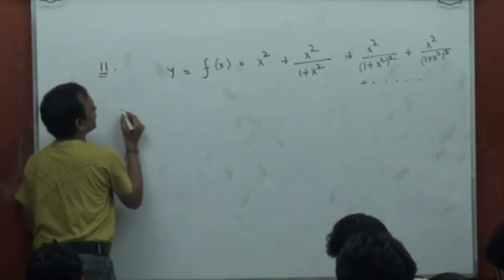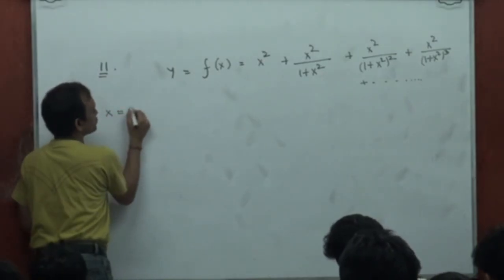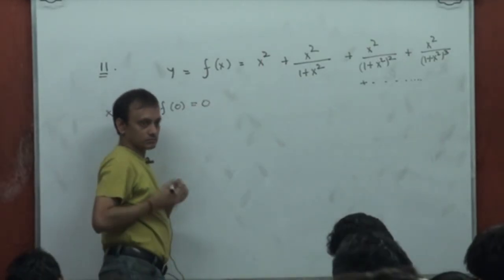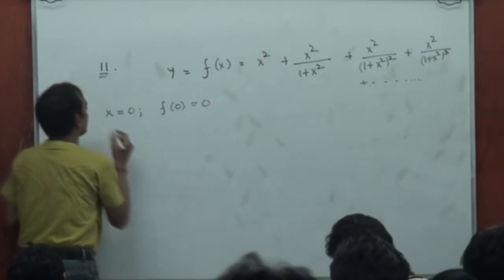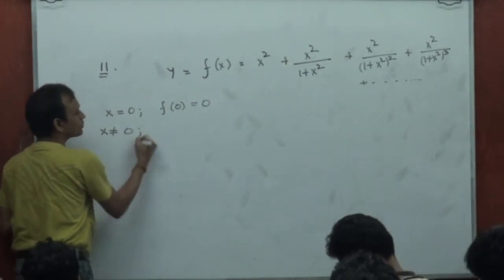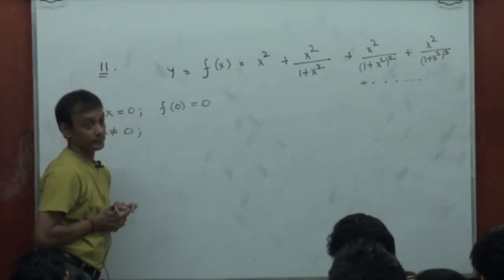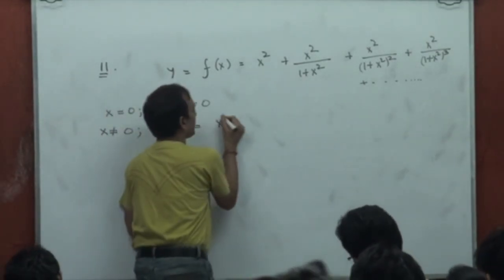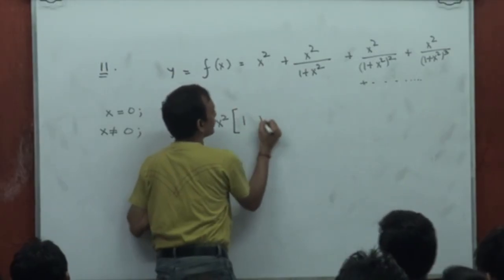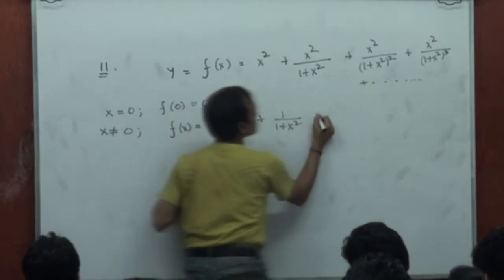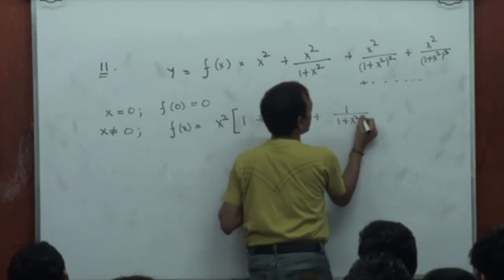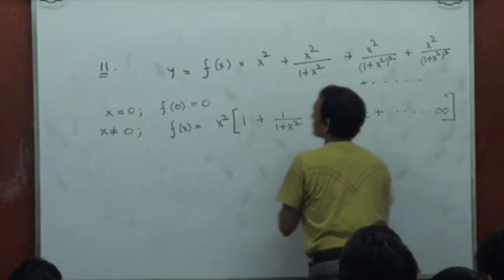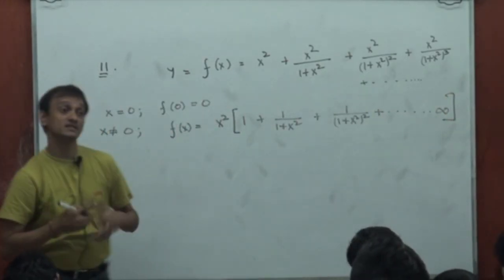One thing, at x equal to 0, f of x is 0. You can see that, right? When x is not 0, then f of x is like x squared times 1 plus 1 by 1 plus x squared plus 1 by 1 plus x squared whole squared plus, to infinity, and x is not 0.